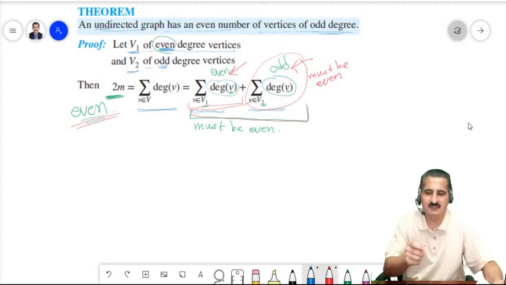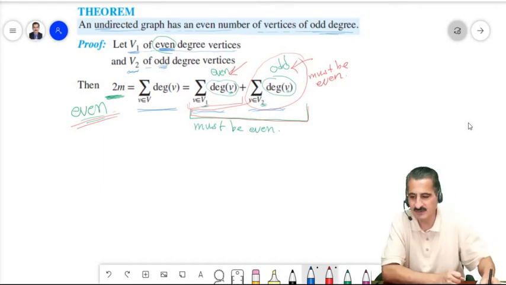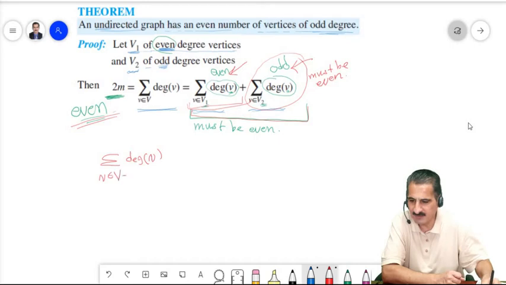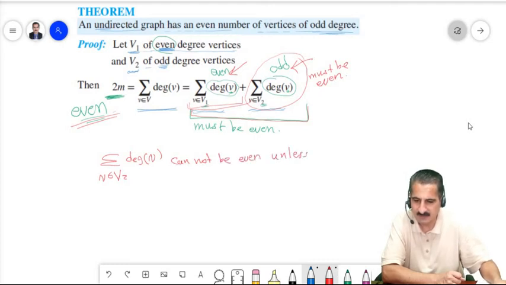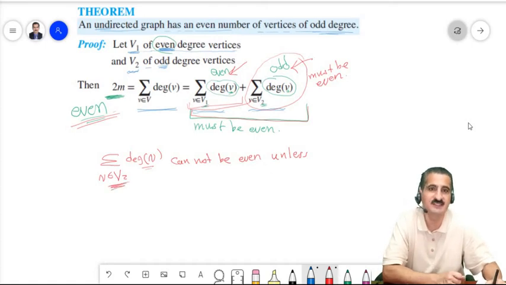Now, it is a summation of odd integers, and this cannot be even unless the number of terms that we are adding is even. But the number of terms follows how many v's in V2 there are.